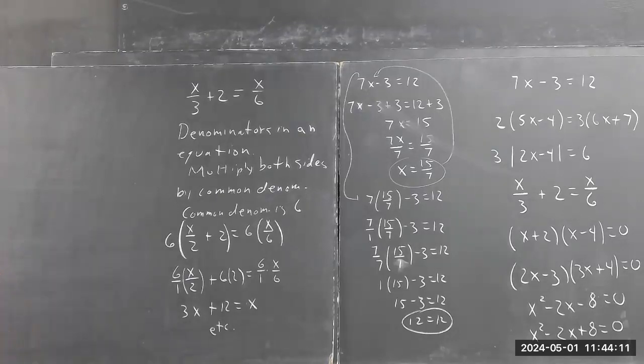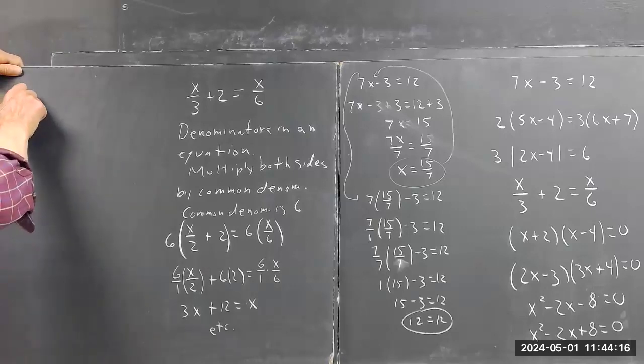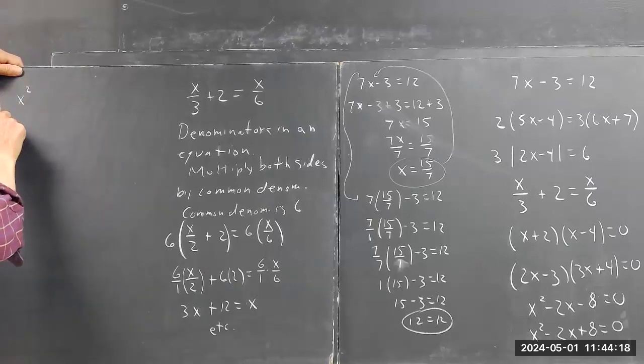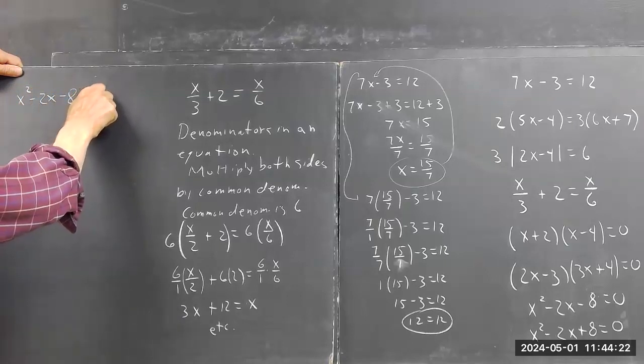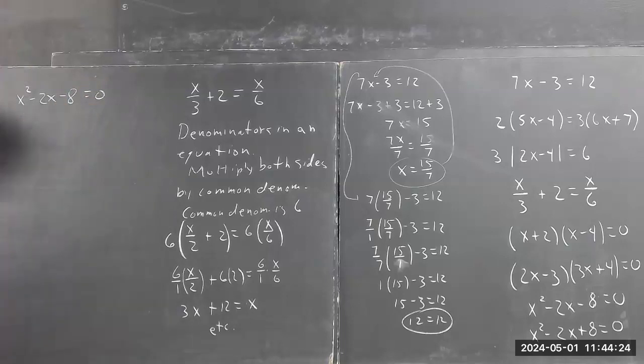Now that really brings us down to these last couple of equations. You've got x squared minus 2x minus 8 equals 0. This is not a linear equation.